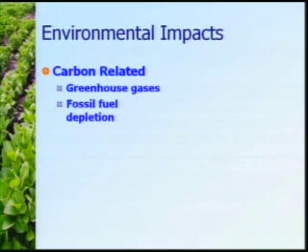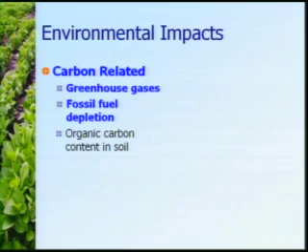So if we summarize those environmental impacts, we get real benefits of our corn, soy, and stover system. Greenhouse gases are reduced compared to petroleum. Fossil fuel depletion is reduced compared to petroleum, but at the same time, we have some negatives. We might be damaging the organic content in soil and soil erosion.